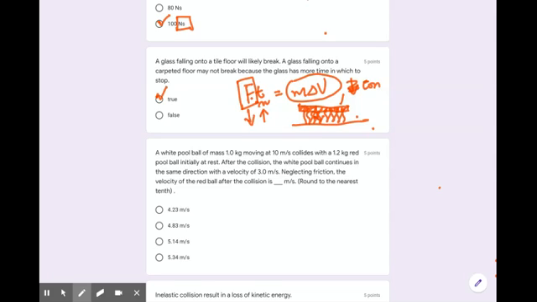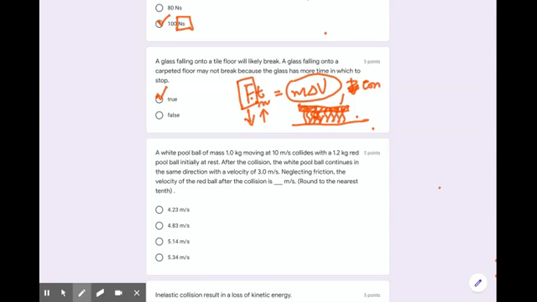A white pool ball of mass 1 kilogram moving at 10 meters per second collides with a 1.2 kilogram red pool ball initially at rest. After collision, the white pool ball continues in the same direction with a velocity of 3 meters per second. What is the velocity of the red ball after collision? All right. You can use the conservation of momentum, remember?